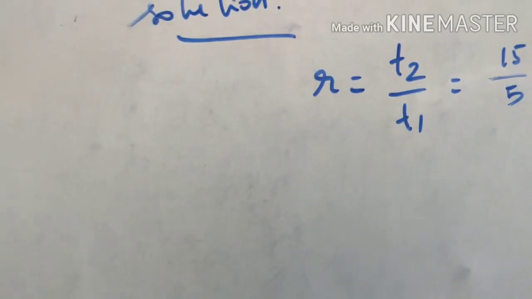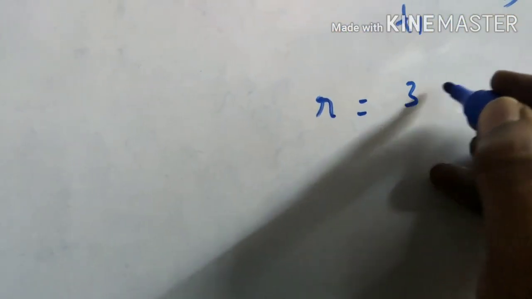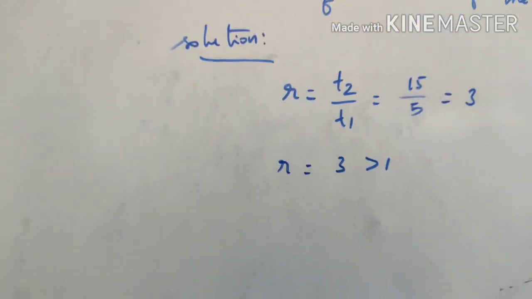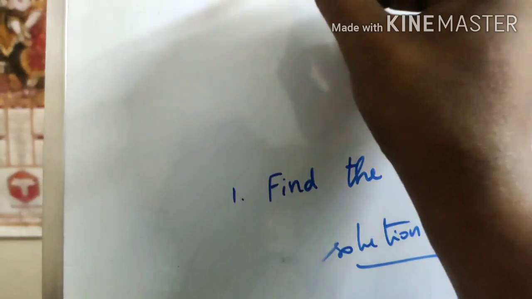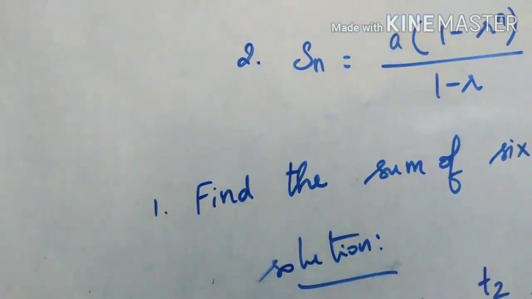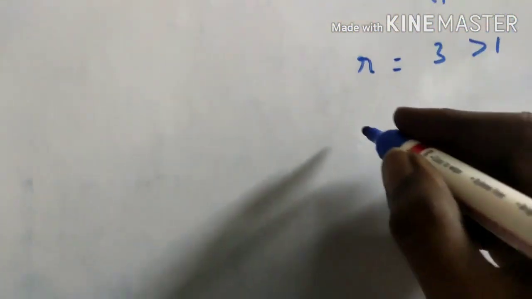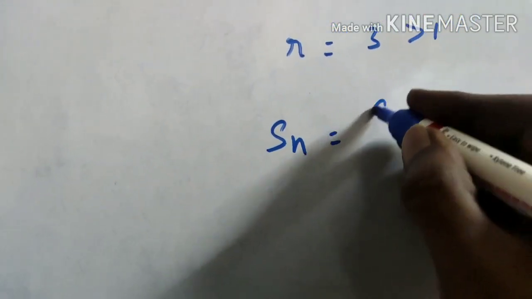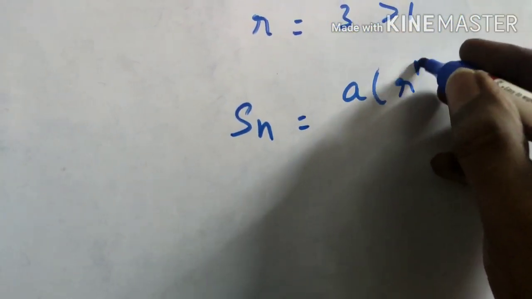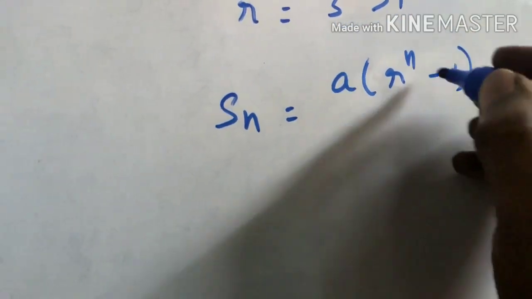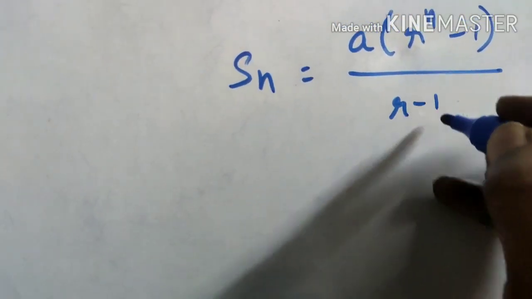So R equal to 3, which is greater than 1. So which formula can we use? The first formula, Sn equal to A into R power n minus 1 by R minus 1.